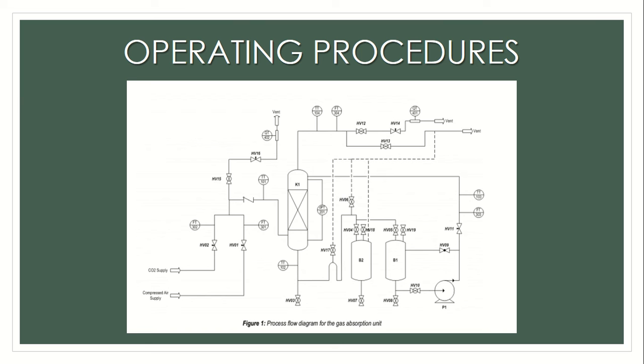Before we run the experiment, we should perform the operating procedures that include general startup procedures, general shutdown procedures, CO2 analyzer procedures, liquid sampling procedures, and analysis of dissolved CO2 in water. The first operating procedure is the general startup procedure. First, we have to ensure all the valves are closed except the ventilation valve, which is HV13.